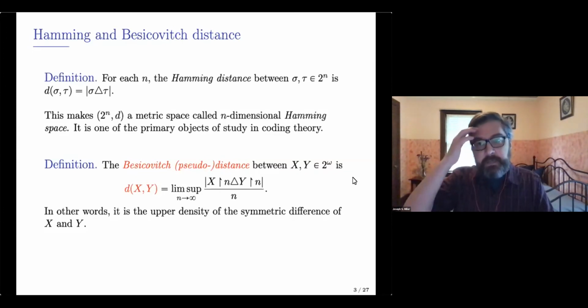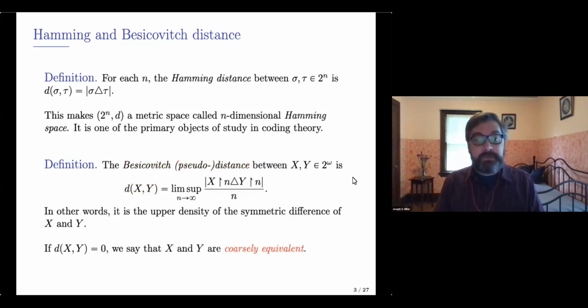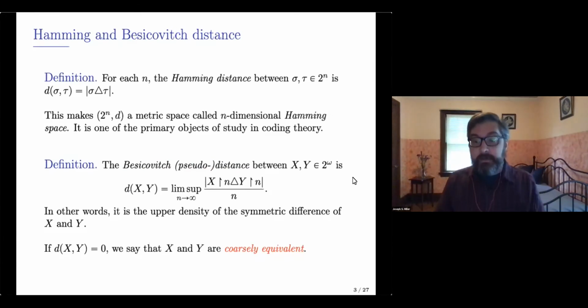It's not actually a metric because distinct objects can be distance 0 apart, but it's a pseudometric. And if the distance between two objects is 0, we say that they're coarsely equivalent. You've probably heard Dennis or Carl or Demir or many others talk about coarse degrees and that sort of thing.